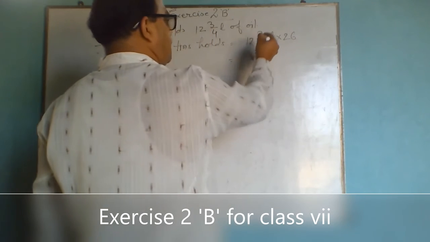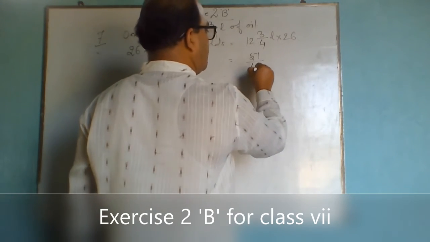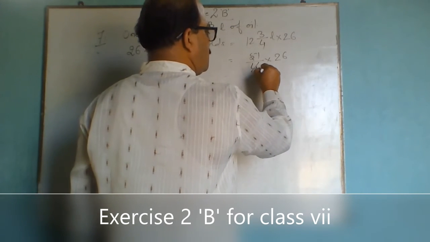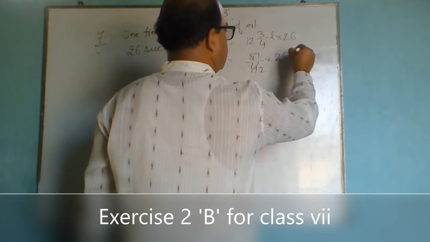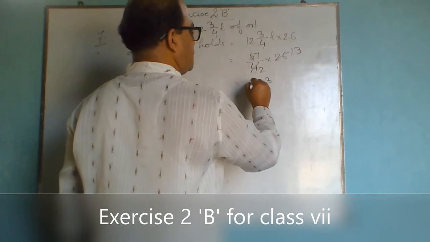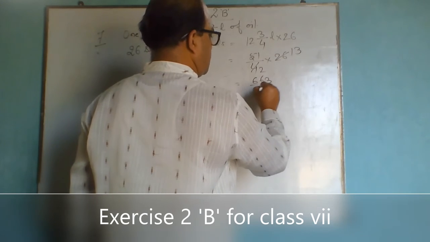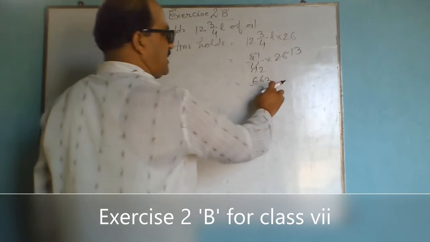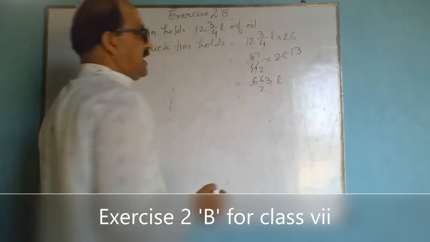12 fours are 48 plus 3 is 51. 51 by 4 into 26. 2 twos are 2, 13. Here when we multiply it, we will get such liters in the answer.